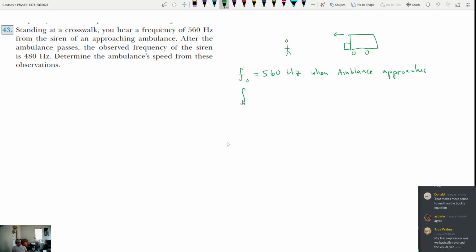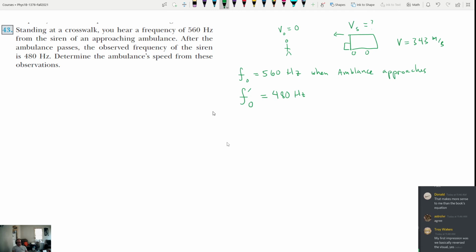And then when it passes, you hear a frequency, I'm going to call it FO prime, equal to 480 hertz. You as the observer are sitting at rest, but the velocity of the source is what we're looking for here. And we'll have to use some velocity for sound. We'll use, I don't know, 343 for sound or something. Let's use that for the velocity of sound.